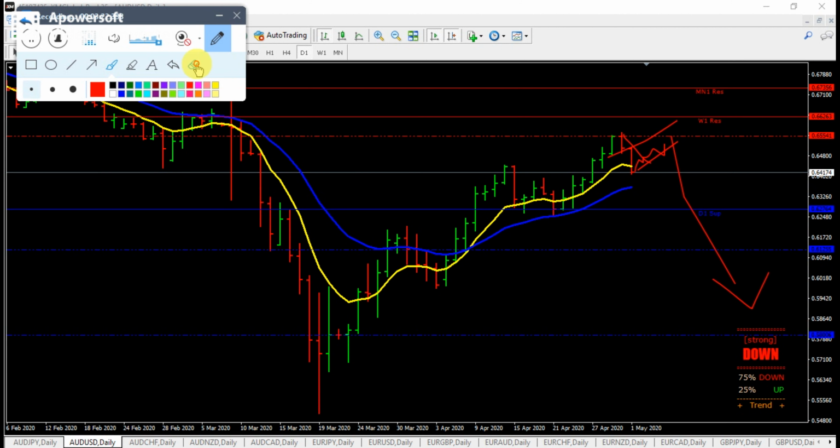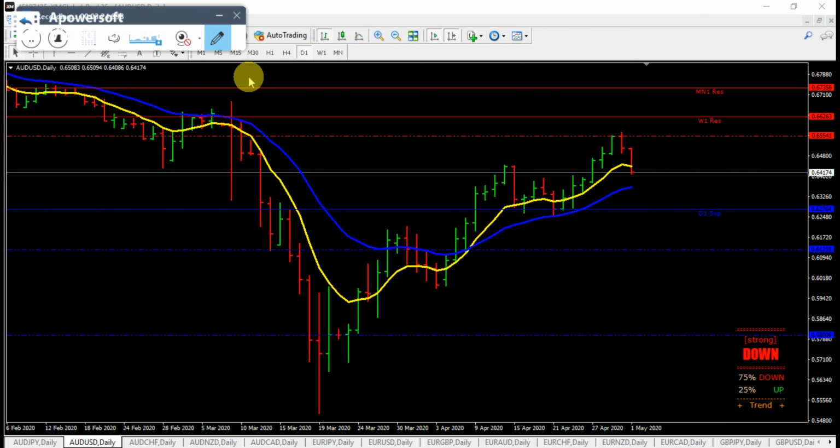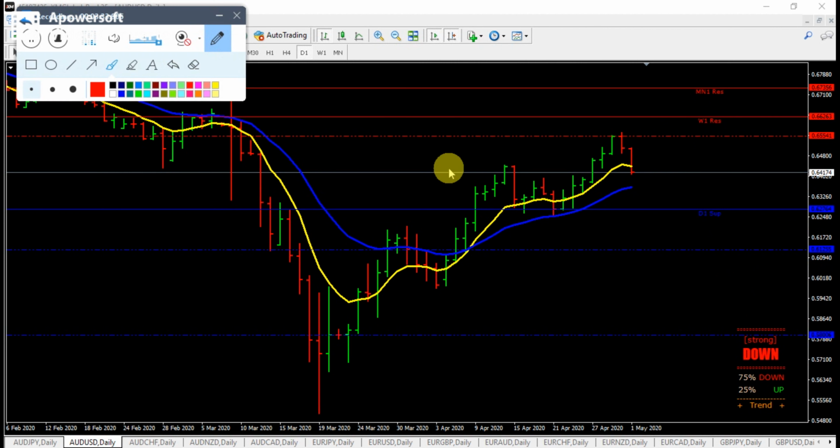So guys, let's move to another pair, Australian CHF, AUD CHF. Again, on the last working day of trading, it touched our key resistance level. These are our three resistances on that pair: a monthly resistance, weekly resistance, and daily resistance. As you can see, when it touched this resistance level, it started falling.